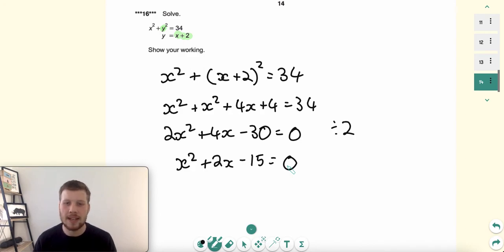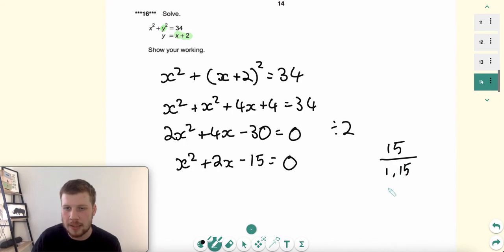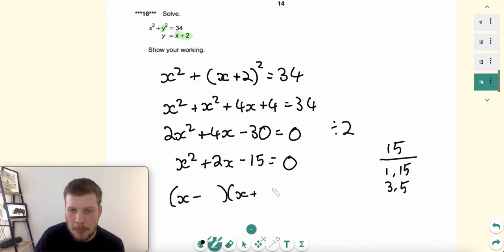Now for factorising, I need my factors of 15, which are 1 and 15, 3 and 5. Because it's negative, I know that one of my brackets is going to be negative, equals 0. It would have to be 3 and 5, with 5 being positive and negative 3.